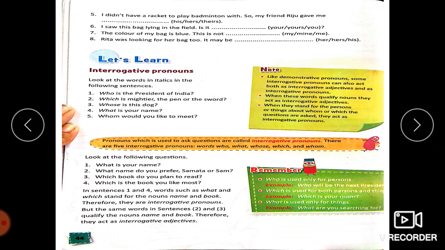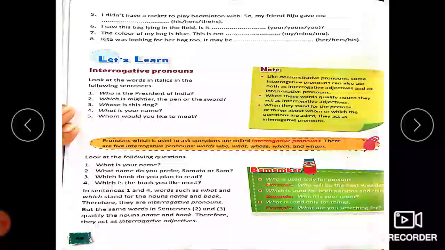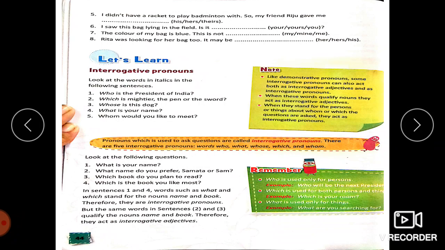Remember, let the idea to understand and to distinguish between pronoun and adjective be very clear in your mind. In a possessive adjective, you find the noun used right after the word of possession.